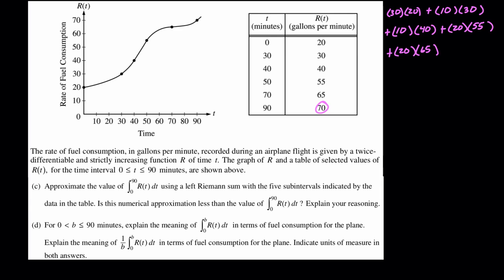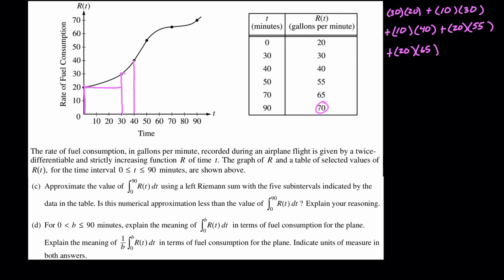Now, is this numerical approximation less than the value of this integral? Remember, the integral gives you the exact area between the curve and the x-axis, whereas this Riemann sum is an approximation. Anytime you have a left Riemann sum of an increasing function, you are going to have an underestimate of the actual area. If I was to draw this out, you have the left side of your rectangle here, the right side here, and the left Riemann comes from here across.